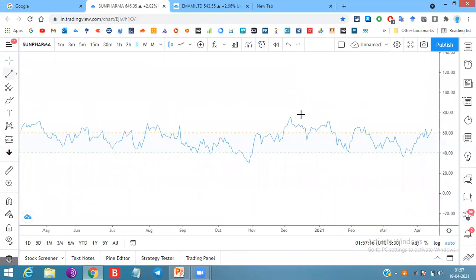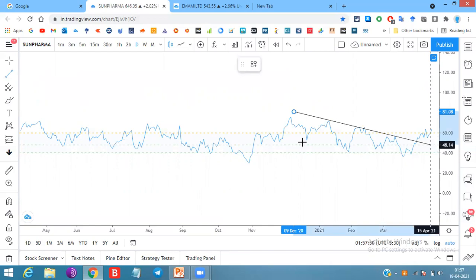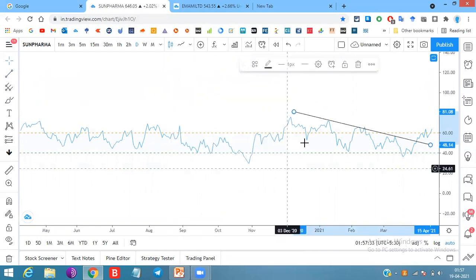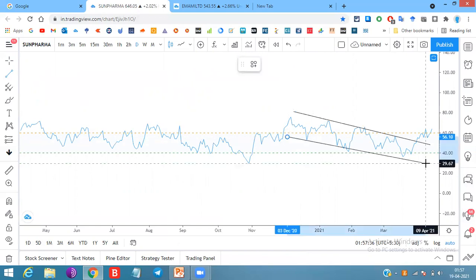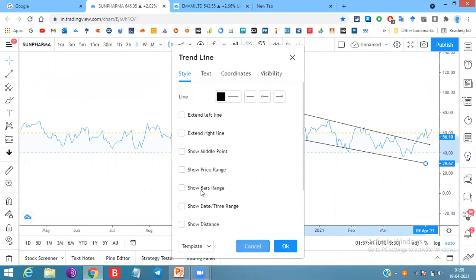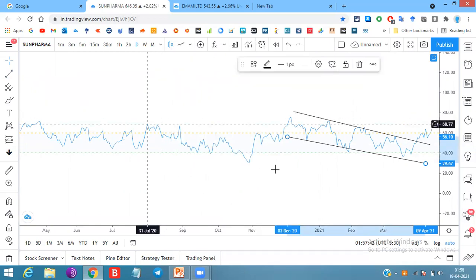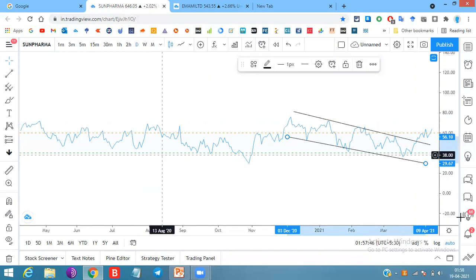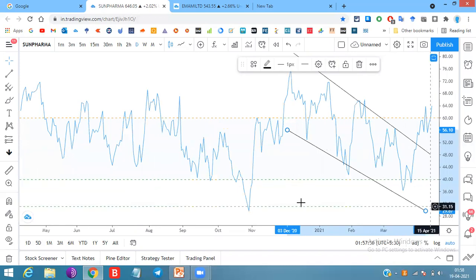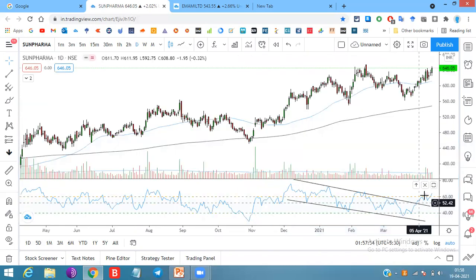Let me show you one. Could I place a channel 2? As of now, I don't see a channel 2. Then, a good descending channel can be plotted here.